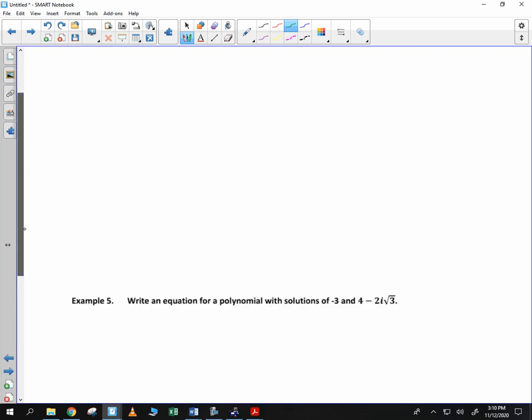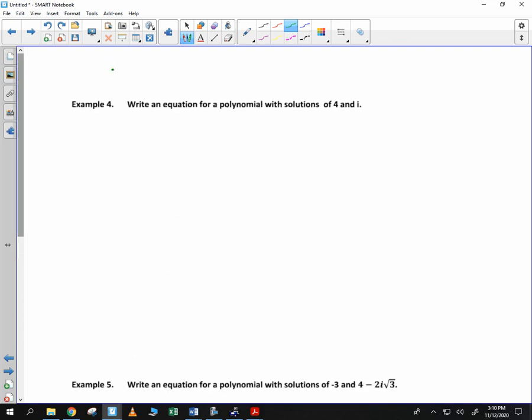Now we're going to move it the other way. This one says write an equation for a polynomial with solutions 4 and i. If there's a solution of 4, that means that x minus 4 is a factor. If there's a solution of i, that means x minus i is a factor.